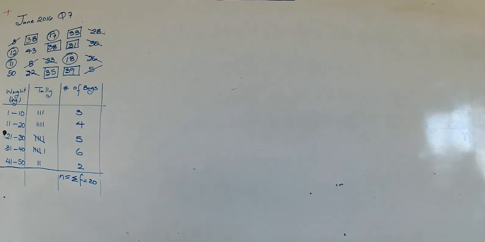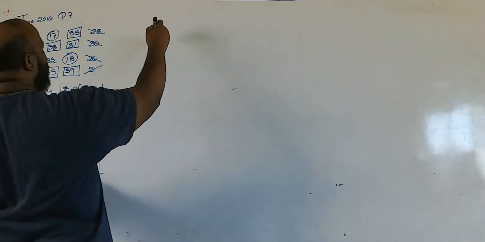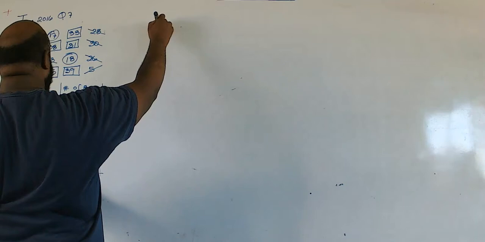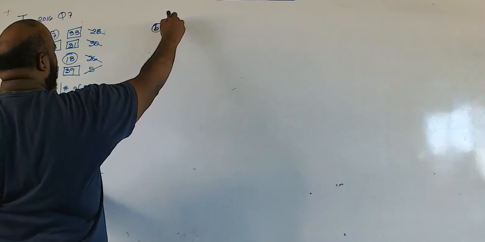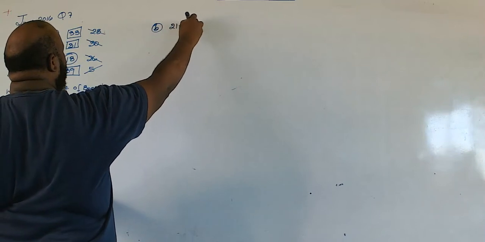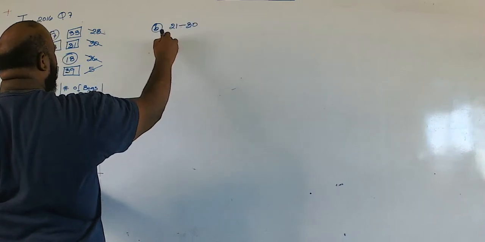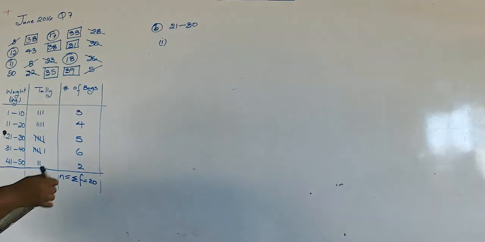Next, part B says, for the class interval 21 to 30, state the upper class boundary. What is the upper class boundary? 30.5.